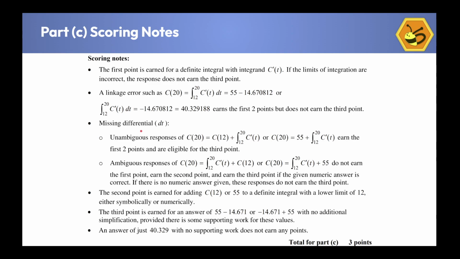And if you miss the differential, the unambiguous responses earn the first 2 points and are eligible for the third point. Some ambiguous responses do not earn the first point, so you lose 1 point for that. And you can earn the third point if the given numeric answer is correct. So I would suggest you put a differential in.